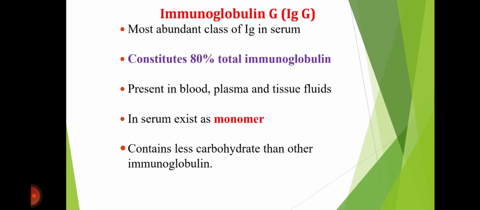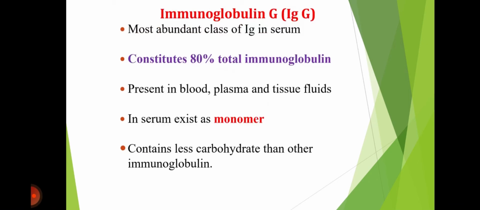Now it's time to discuss immunoglobulin G in detail. It is the most abundant class of immunoglobulin in serum. It constitutes about 80% of total immunoglobulin. IgG, that is gamma, is present in blood, plasma and tissue fluids.